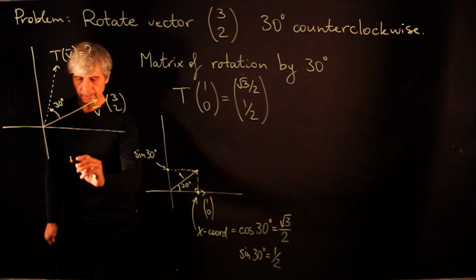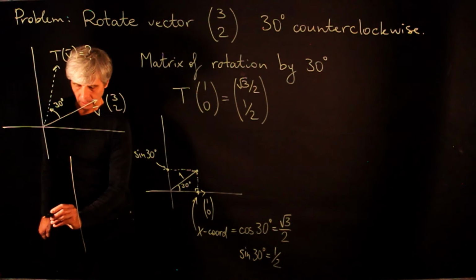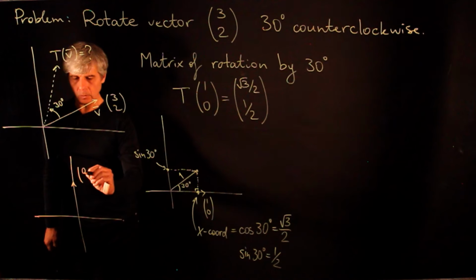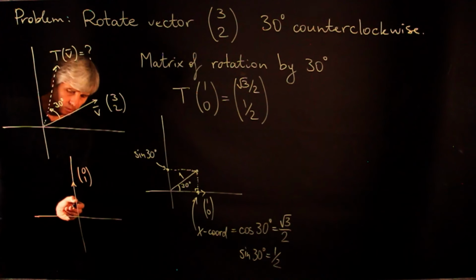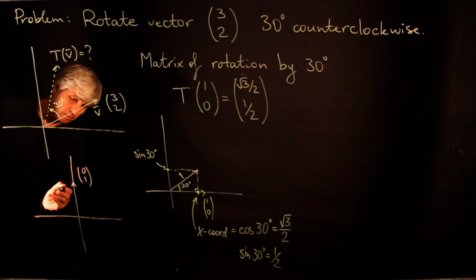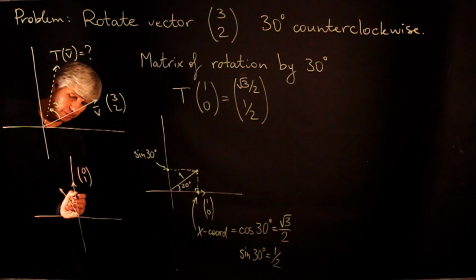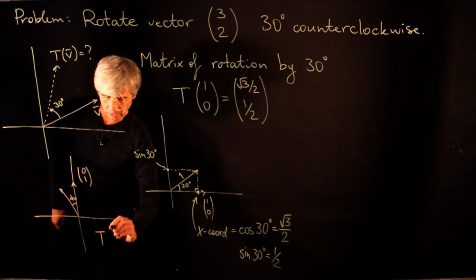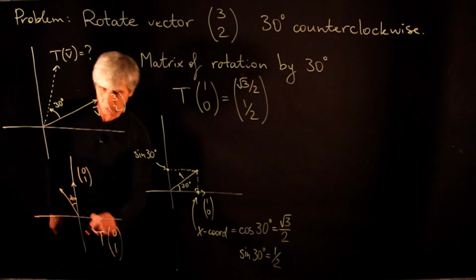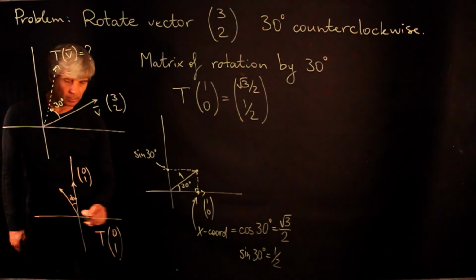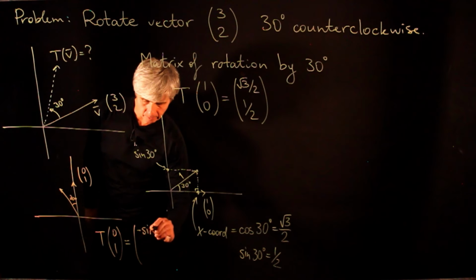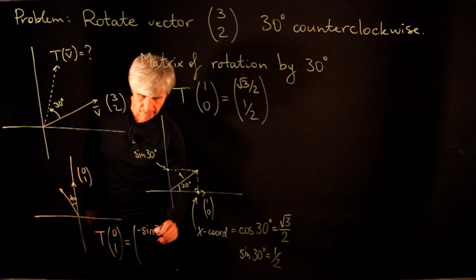Now let us look at the second basis vector. So the second basis vector is the vector (0, 1). And we need to rotate this vector 30 degrees counterclockwise. So we're going to get this vector here. So the x-coordinate of this vector is equal to minus sine of 30 degrees.